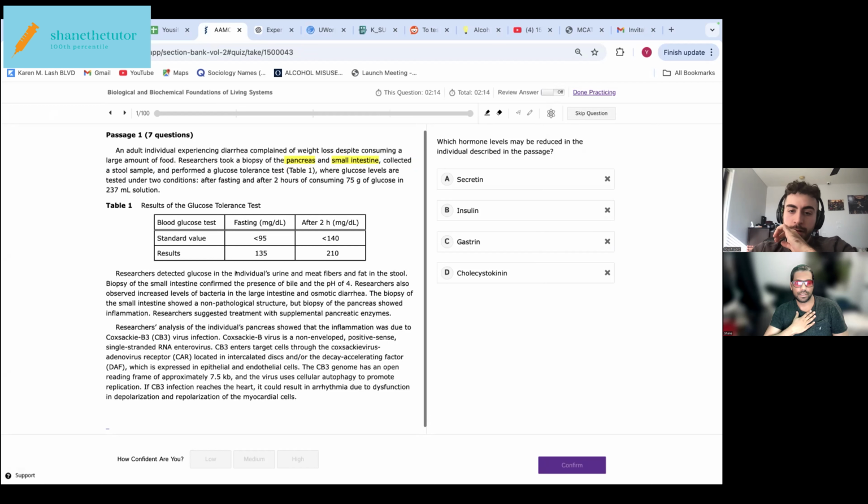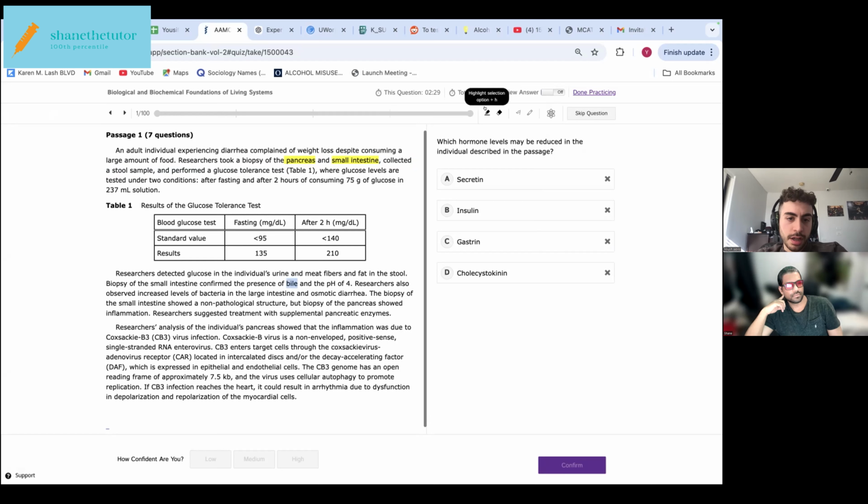Yeah. Researchers detected glucose in the individual's urine, and meat fibers and fat in the stool. Biopsy of the small intestine confirmed the presence of bile and a pH of 4, so it's acidic.